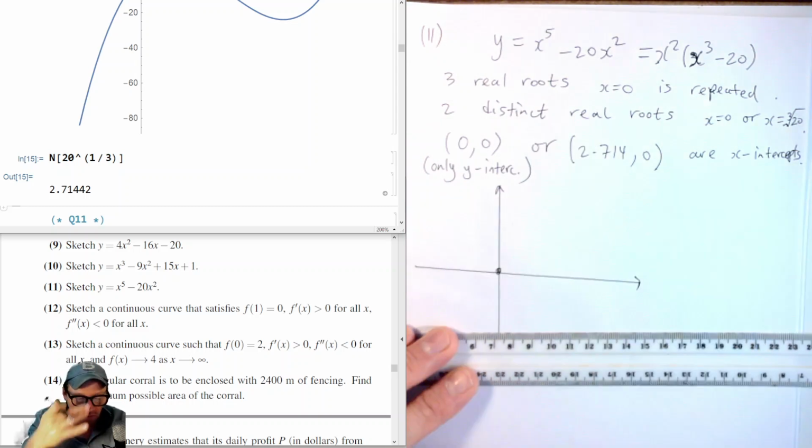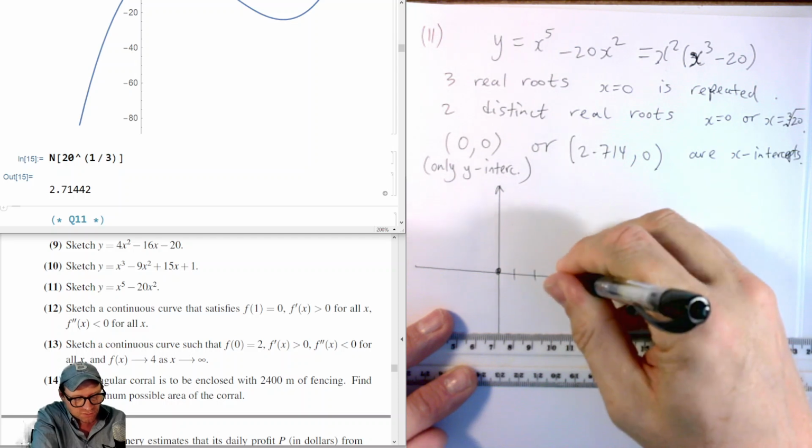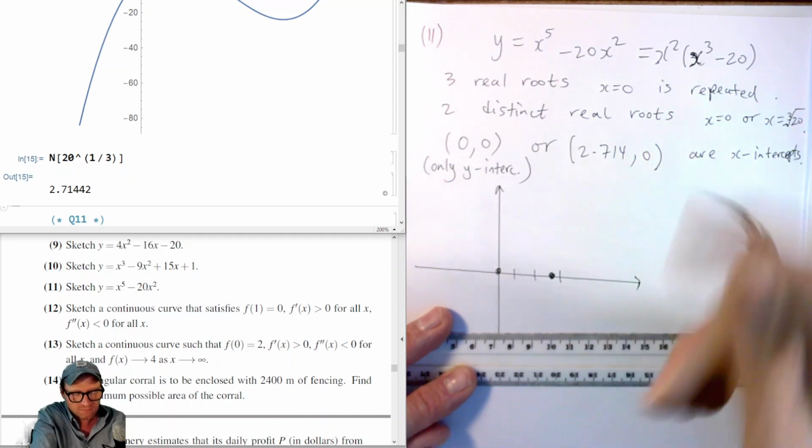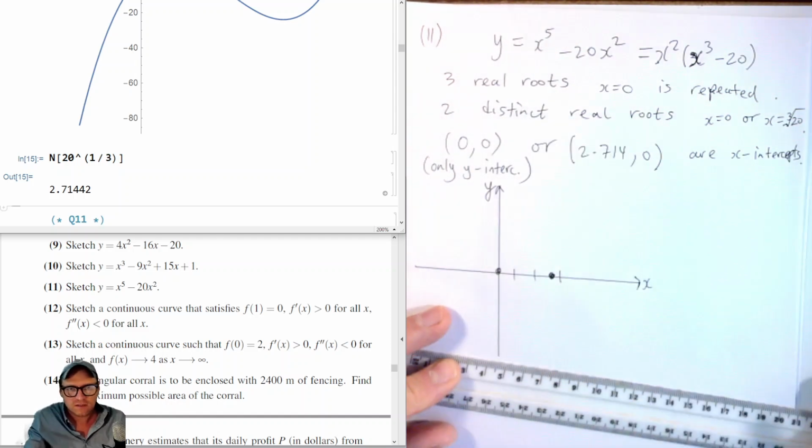So here's 0, 0, and then 2.714. So let's put 1, 2, 3. So somewhere in here. All right, so these are our 2 x-intercepts.